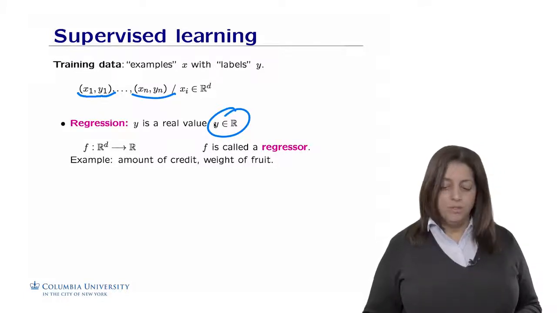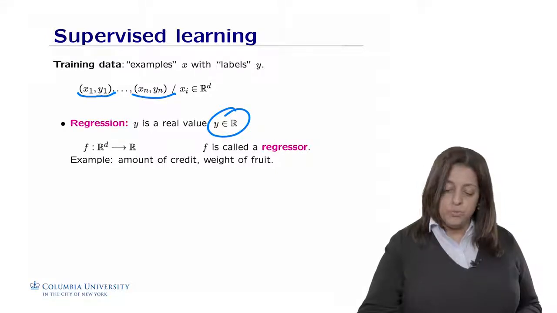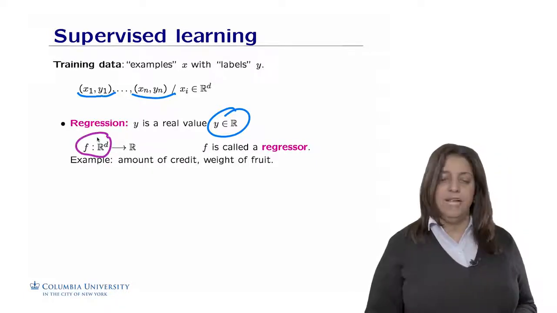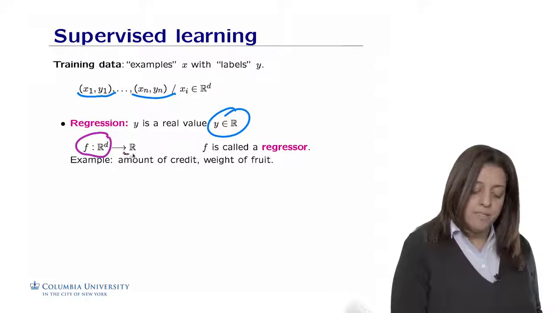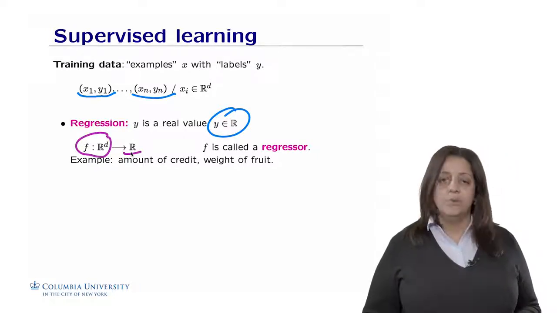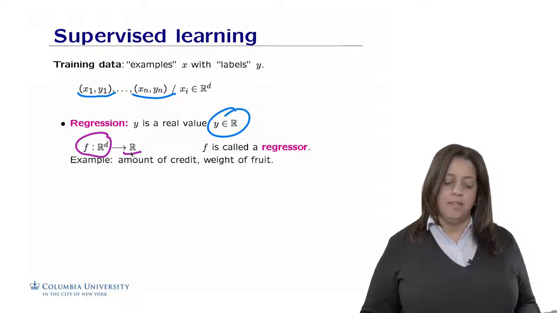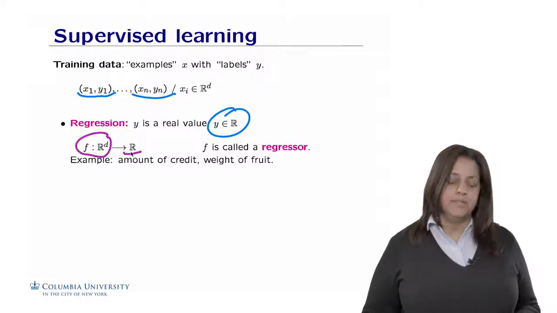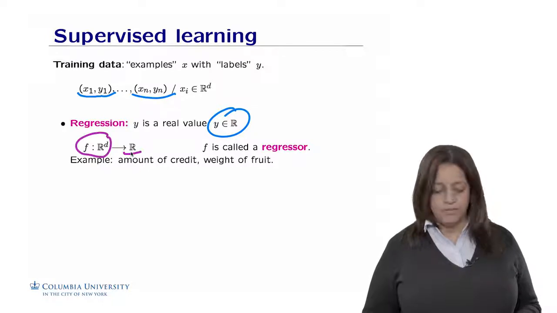What we want to find is a function or a model that goes from R^d, the d-dimensional space, and maps to a real value, which is the label that we have. We call f in this case a regressor rather than a classifier. Examples include a bank regressing to find the amount of credit. Or, suppose you have the length of the fruit, can we build a model to predict the weight of the fruit?